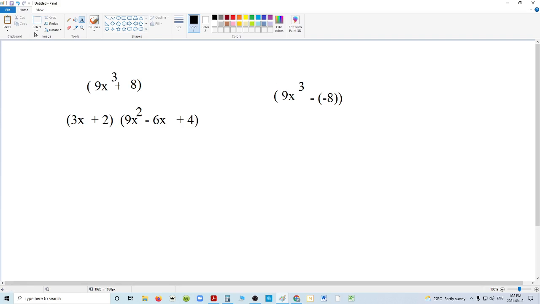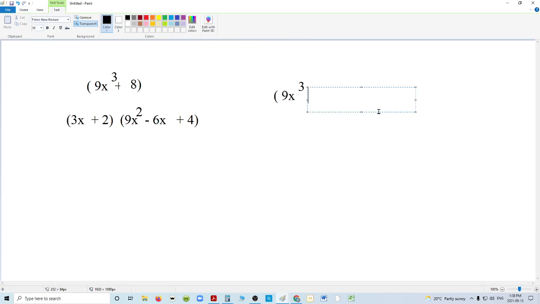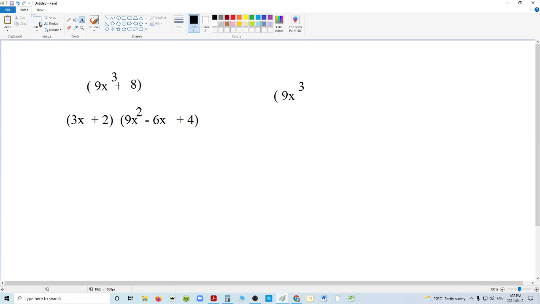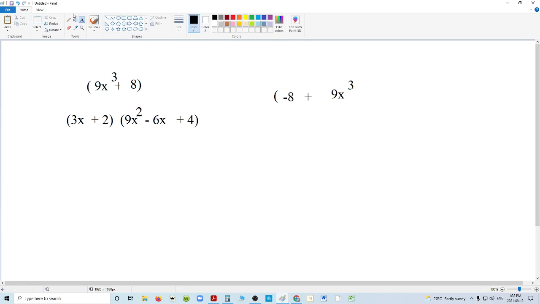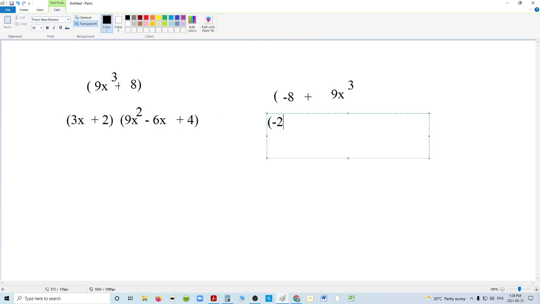Or what would be a better way of doing it? You could rearrange it. You can just say, well, that's the same as minus 8 plus 9x cubed, right? Now you just take the cube root of that, which is minus 2, plus the cube root of that, which is 3x.